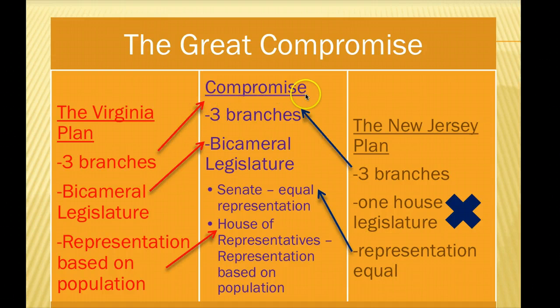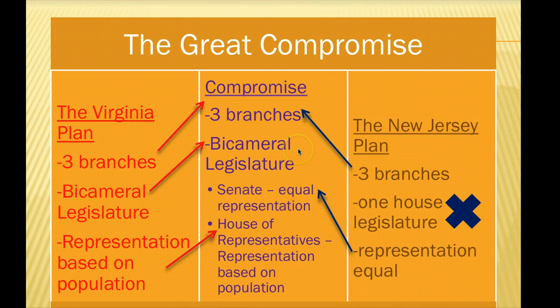A compromise was proposed by a man named William Sherman. He was from Connecticut, and this man is forgotten in history, but he truly saved the day because men from both sides were proposing that they were going to walk out and form their own countries. It was easy for him to establish the 3 branches. Remember, that was Montesquieu's idea, was separation of powers.